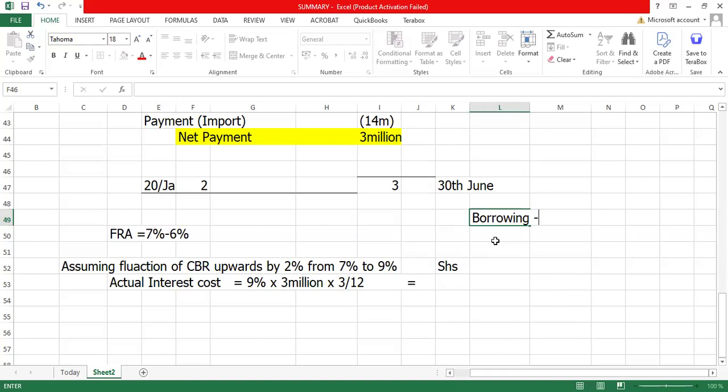So you tell the bank that the rate should not increase beyond this percentage. You are agreeing with the banker that the rate should not exceed what? Should not exceed 7.